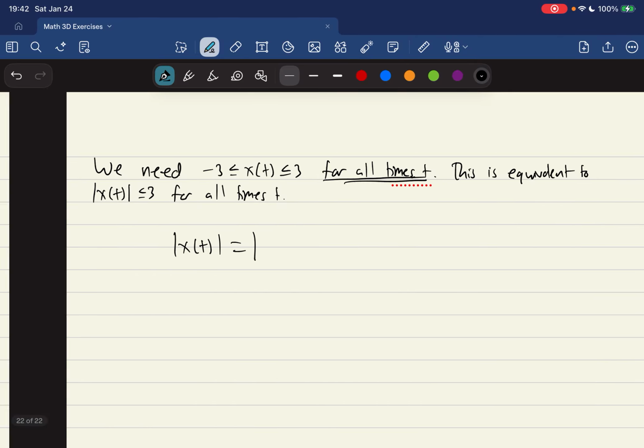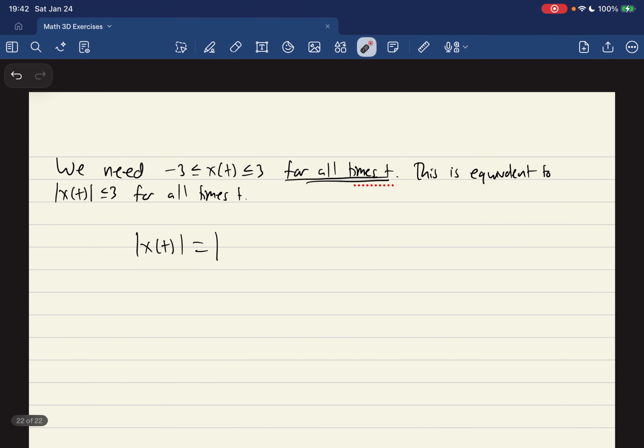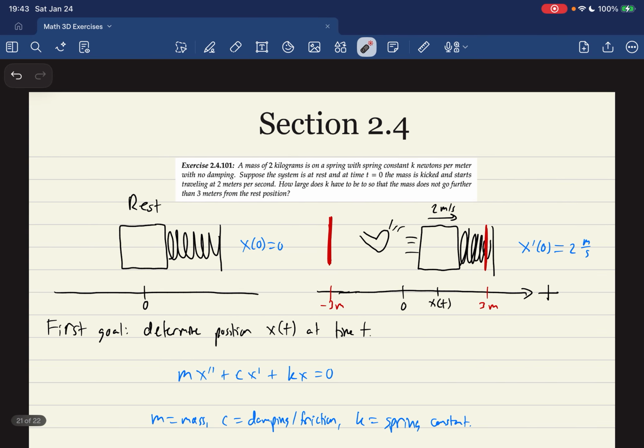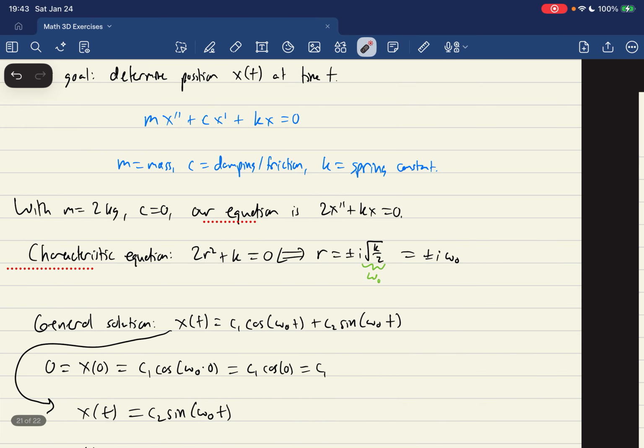Well, going back over here to our solution, if we plug it in, we get 2 over omega naught sine of omega naught t. Omega naught is positive just from how we defined it. We let it be the square root of k over 2, which is positive.